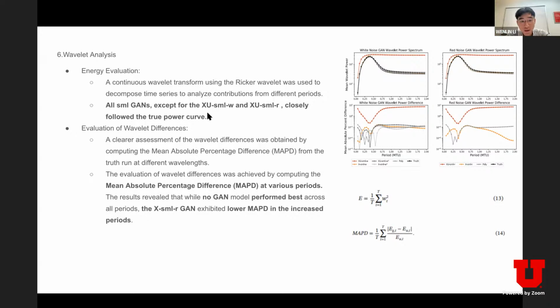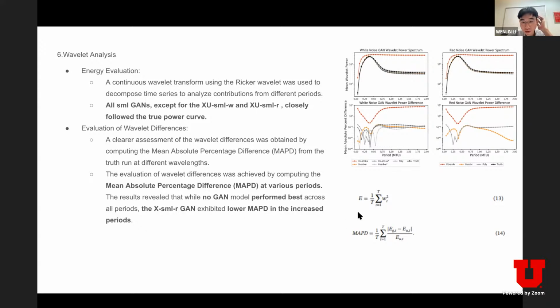So we can see that except for the SU small white and SU small red, these two lines cannot closely follow the true power curve. This is the true power curve. So only these two GAN models cannot do very well on the energy evolutions.